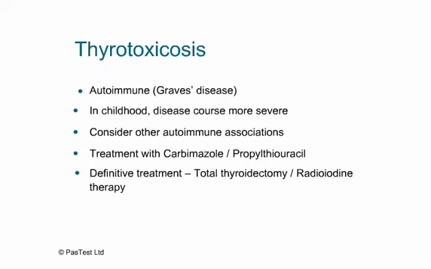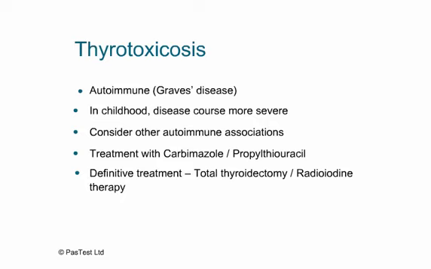Thyrotoxicosis is not a particularly common condition in childhood. However, autoimmune causes are relatively common within this domain. In children, the disease is more aggressive than in adults. Do consider other autoimmune conditions in association, particularly Addison's disease.